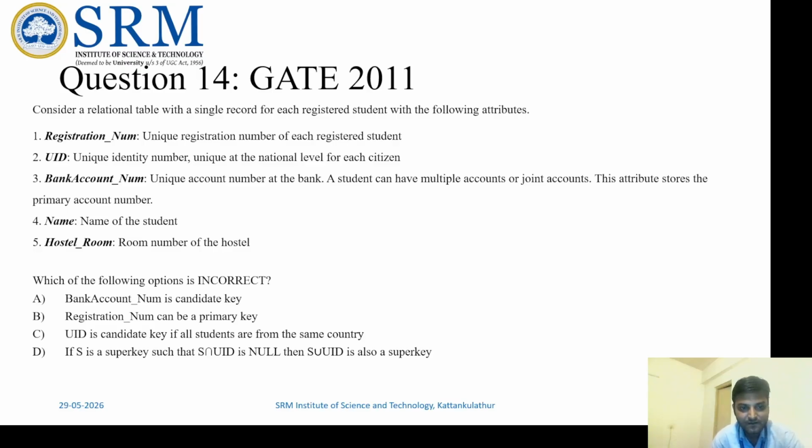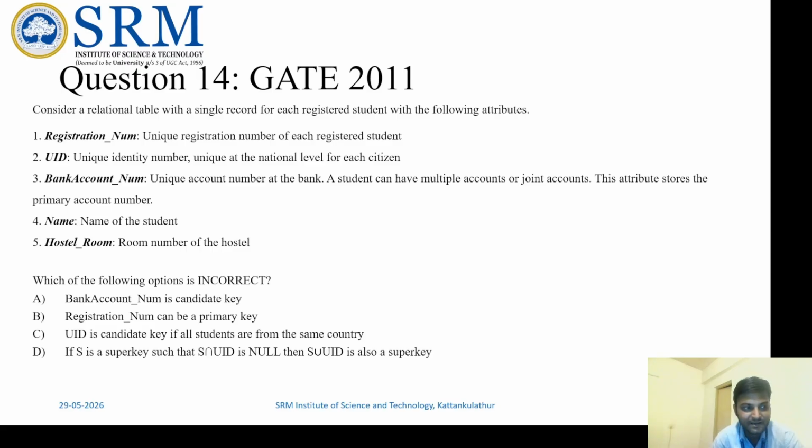So if S is a set and its intersection with another set UID is null, that means there are no common attributes between S and UID.